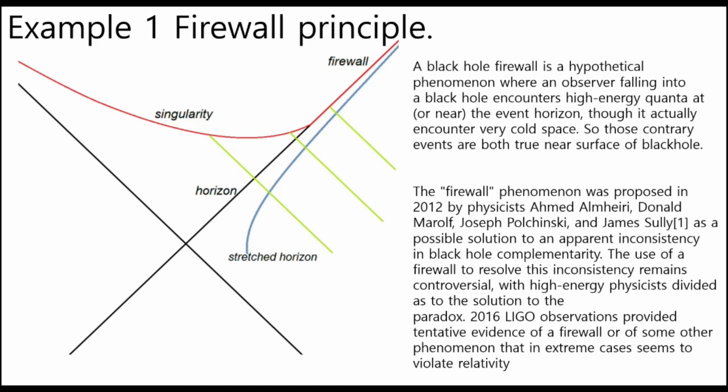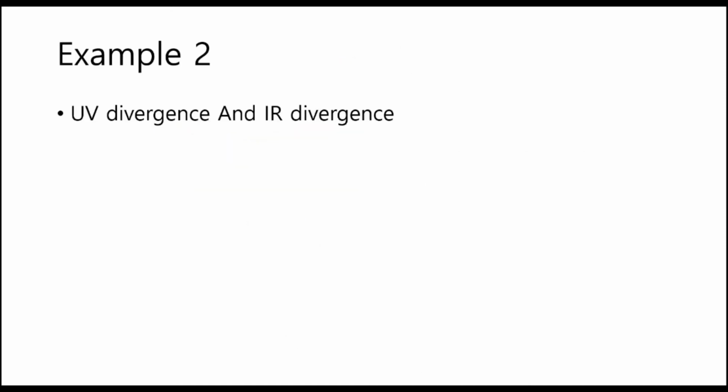The use of a firewall to resolve this inconsistency remains controversial, with high-energy physicists divided as to the solution to the paradox. Observations provided tentative evidence of a firewall or of some other phenomenon that in extreme cases seems to violate relativity.